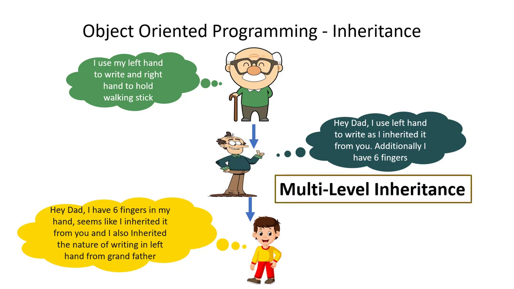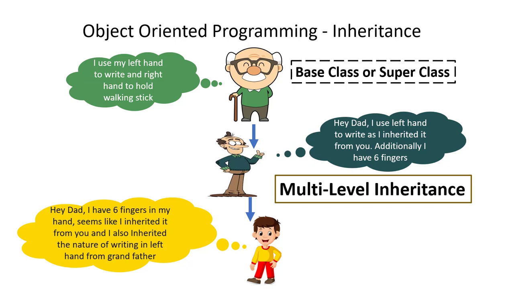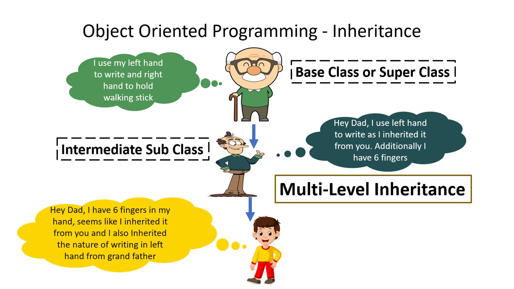Considering all these 3 entities which are part of the scenario as classes, we can term this as multi-level inheritance, where the topmost class from which all the other classes inherit the features is termed as base class or superclass, and the class which acts like a parent class as well as a child class in the multi-level inheritance tree is termed as intermediate subclass, and finally the leaf class is termed as derived class.